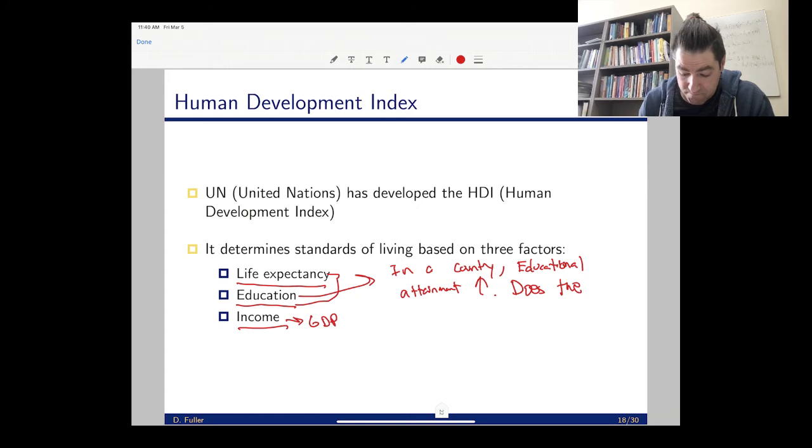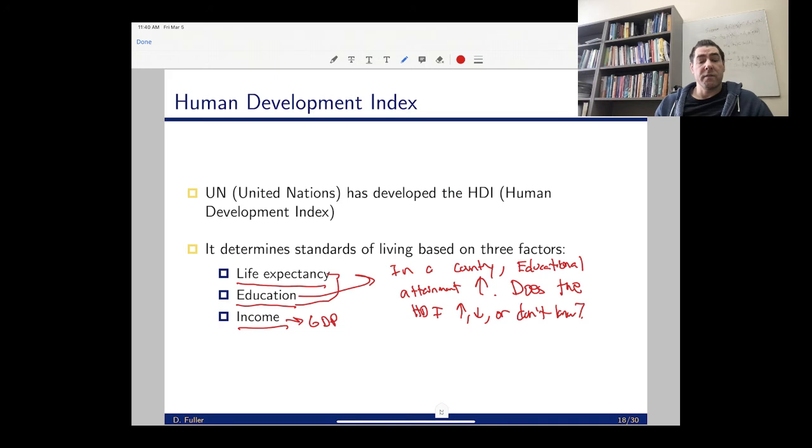Does the Human Development Index increase, decrease, or we don't know? And why, right? There's really two ways I could answer this. I could say, yes, the Human Development Index increases because education is part of it, and if education goes up, it should increase, right? But it kind of depends, right?